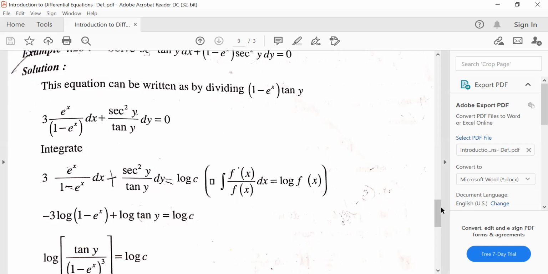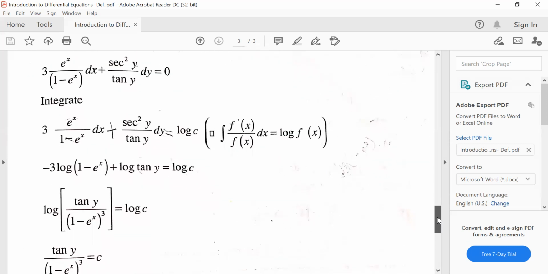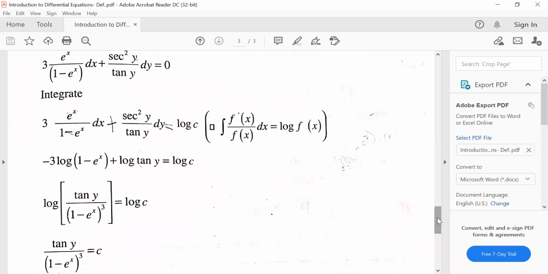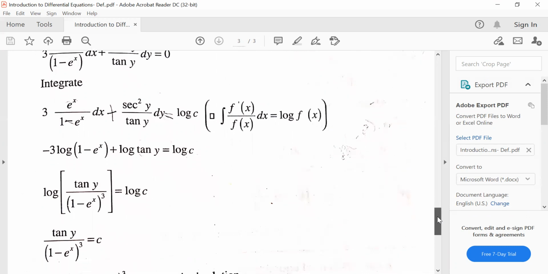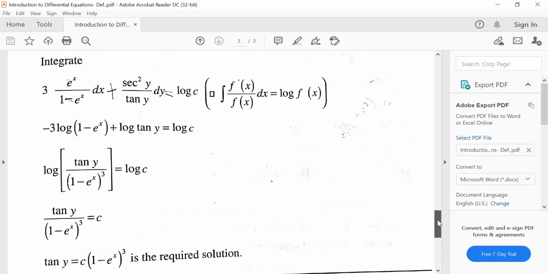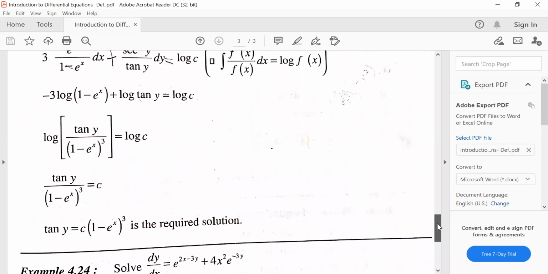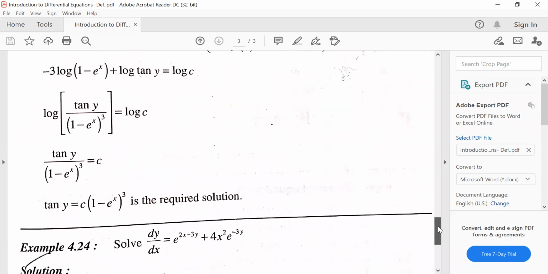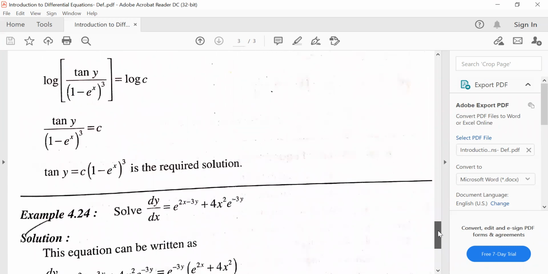The integral of f dash x by f of x is log of f of x. So log of tan y by (1 minus e power x) whole cube equals log c. You can write it the other way by taking the anti-logarithm, and this is the final solution. Like this we can have a problem which is directed towards variable separable.